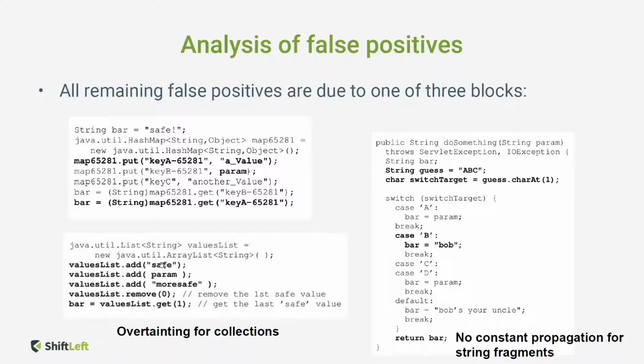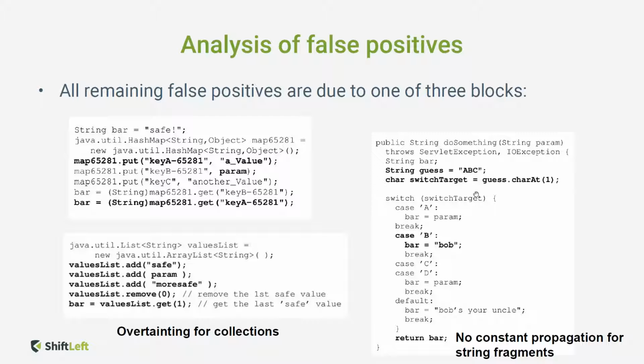So here something safe is added, something unsafe is added, something safe is added again. The first safe entry is removed, and then finally the last entry is used, and that is also safe. So that's why there's no attacker controlled data propagating from the value list to bar.